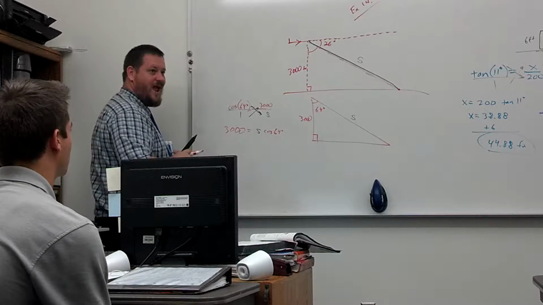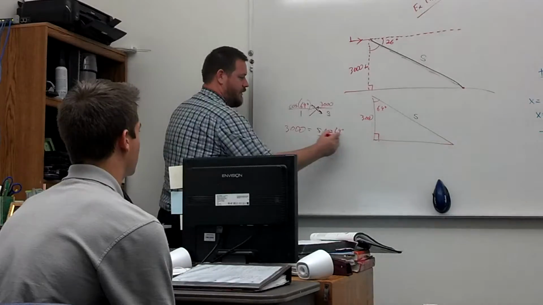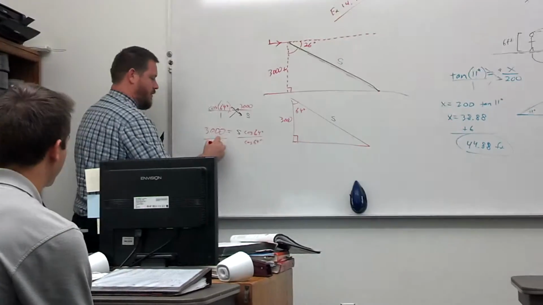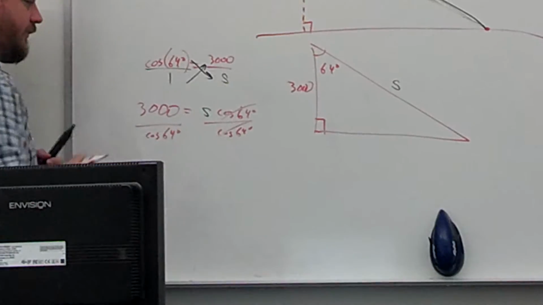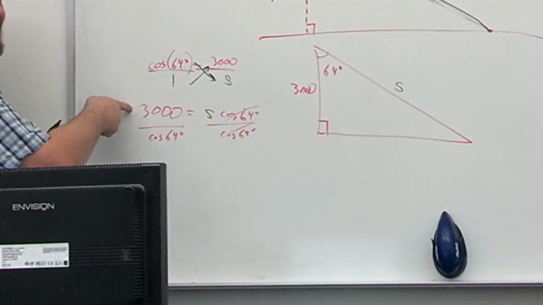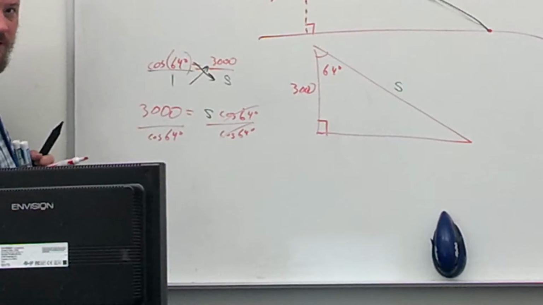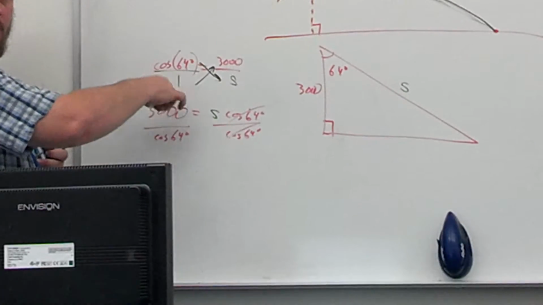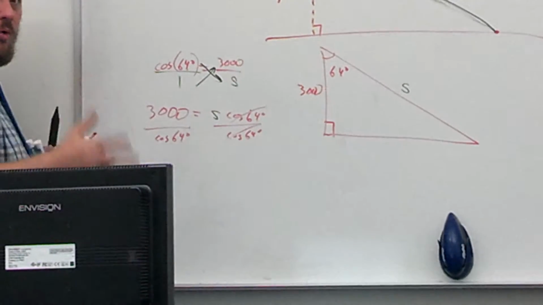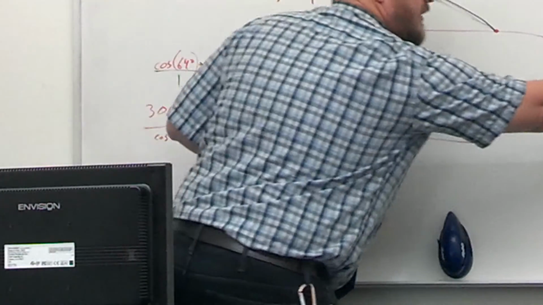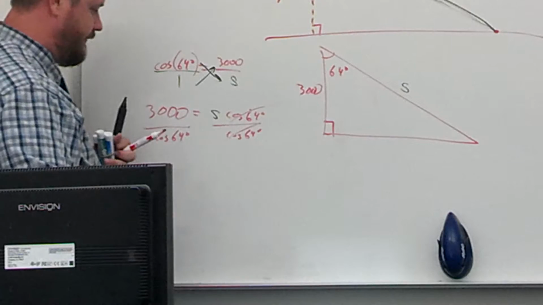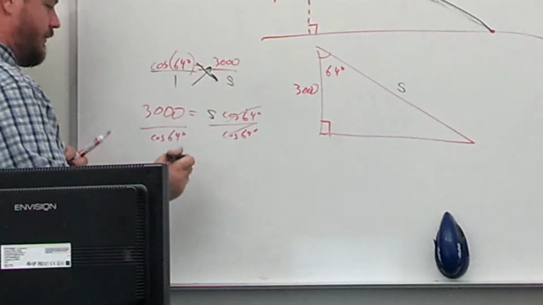So when I solve for s, I divide both sides by cosine of 64. So s is actually 3,000 divided by the cosine of 64 degrees. That's why I recommend you put it over 1 and cross multiply, so that you know whether you need to multiply or divide. So be careful. What does this come out to?